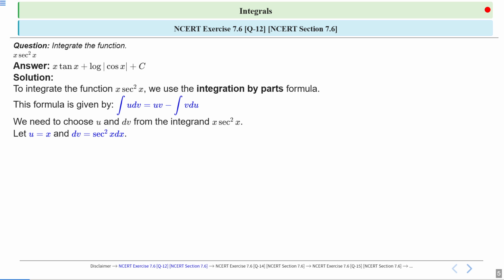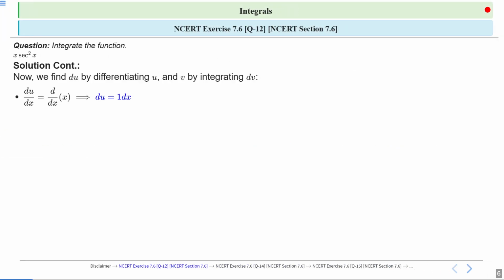After that we have to find the value of du and v. To find du, we differentiate u with respect to x, and to find the value of v, we just integrate dv. So when we differentiate x with respect to x, we get 1. So du is equal to 1 dx.